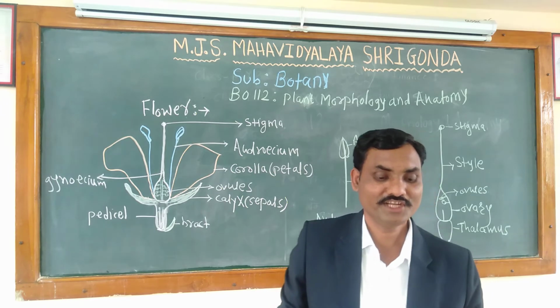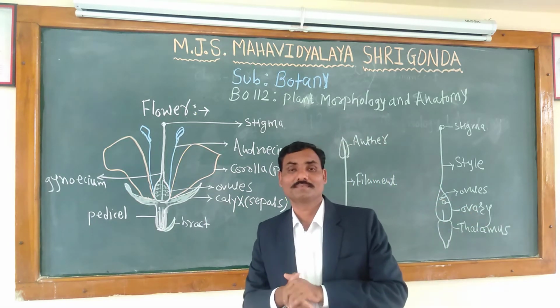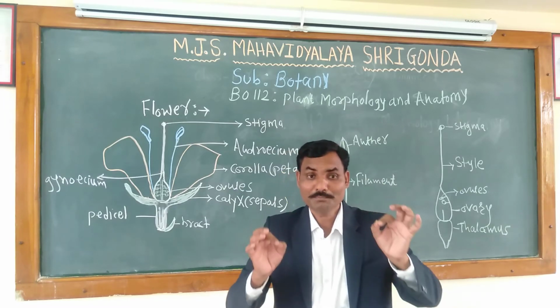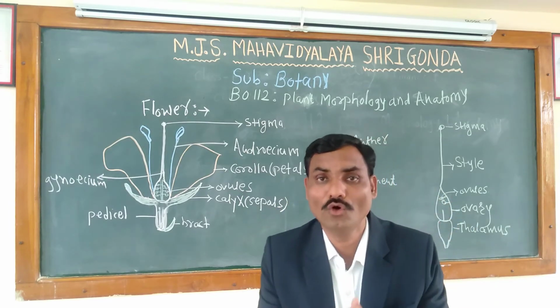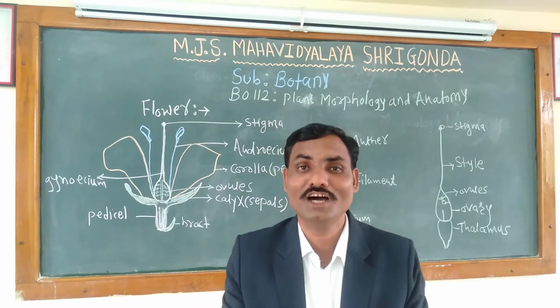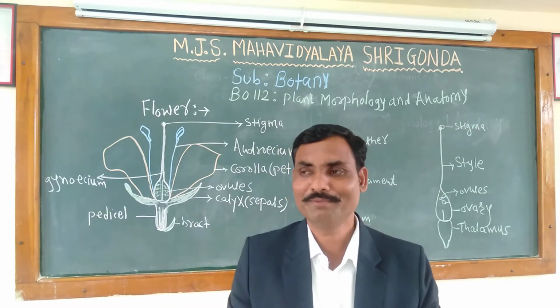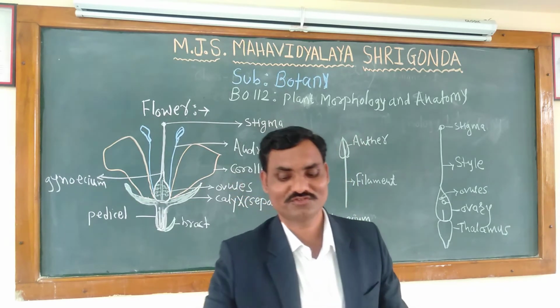It is greenish in color. Then, what is the function of this calyx? It protects the inner floral whorls when the flower is in bud condition or in open condition. The main function of the calyx is to protect the inner floral whorls.